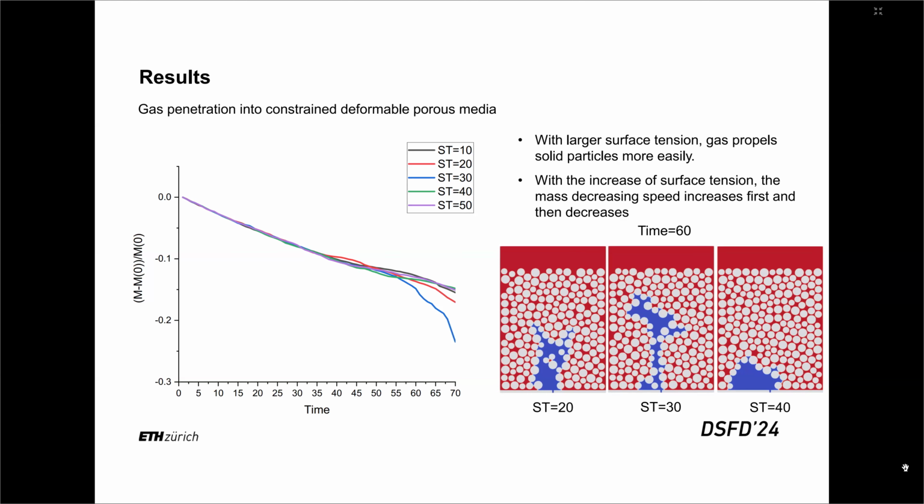If we continue to increase the surface tension coefficient to 30, we found that the tendency to form a sharp bubble keeps, and the propelling force becomes bigger, and the penetration rate reaches the biggest rate. But when we continue to increase the surface tension, the gas forms a round bubble, and we can see the front area increase, and this will hinder the gas penetration into the porous medium.